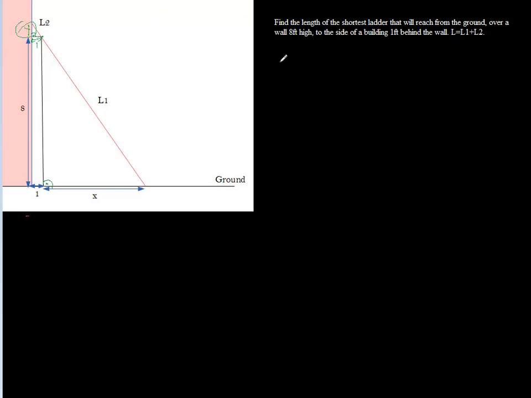our length. It is already given to us that L is equal to L1 plus L2. The idea here is to find L1 and L2. But if we notice here this triangle, the small triangle and the big outside triangle, they are all similar.